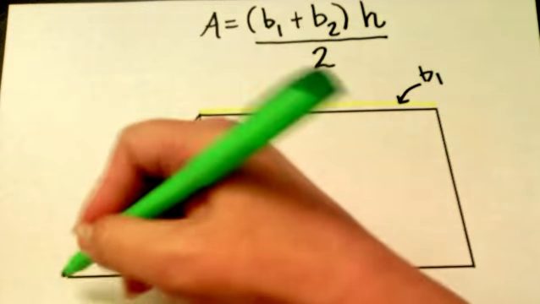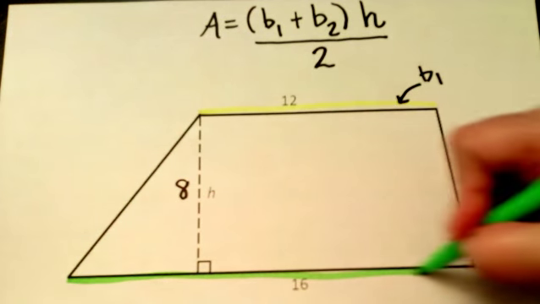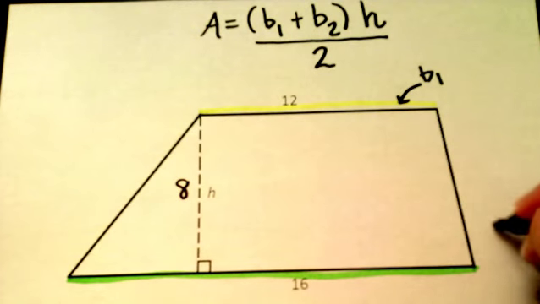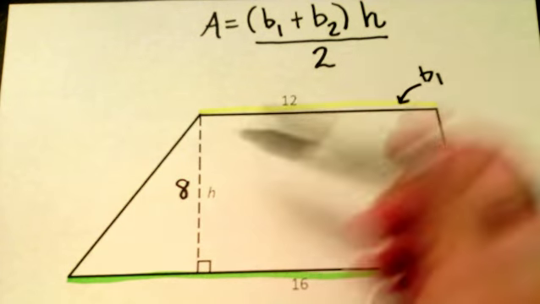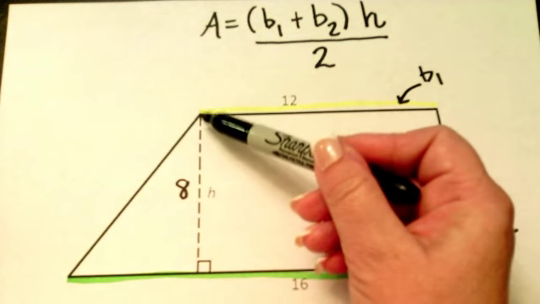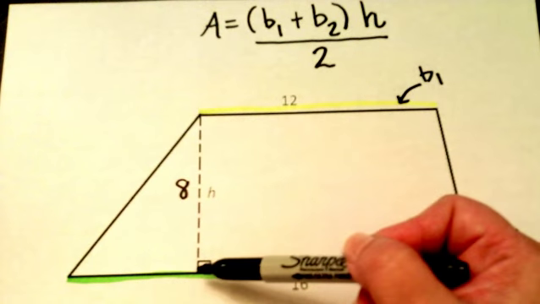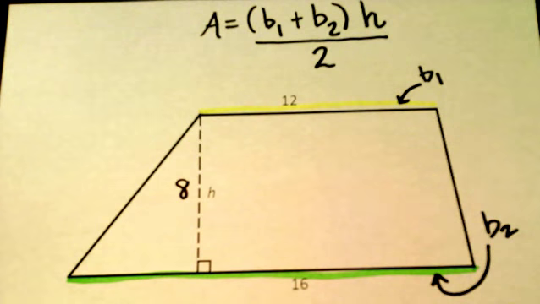And then the bottom of my trapezoid is this length that goes all the way across here, and that we're going to call base 2. Okay, and then we can see here the height is shown by this dotted line that's going perfectly straight up and down. The perpendicular line that is attached to this square corner, we can use that value when we're ready to plug in the height.